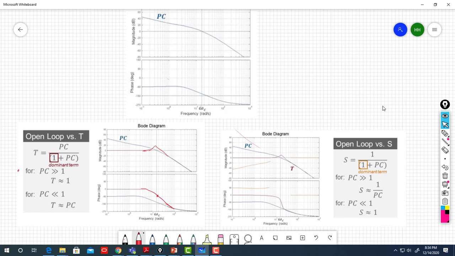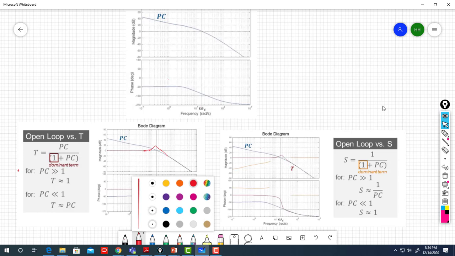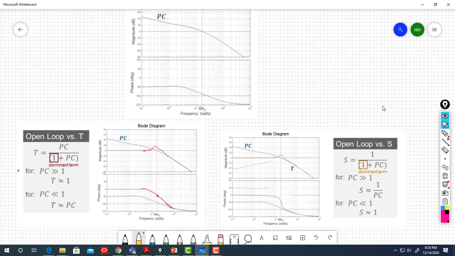It is the inverse of PC. If I want to draw it in yellow, I don't have yellow, maybe here it's yellow. So it is the inverse of PC, so it goes this way. Also the phase is the inverse of PC at low frequency.